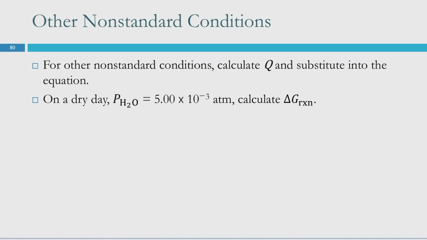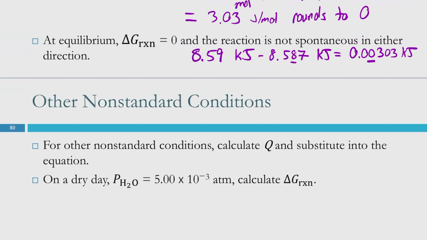For other non-standard conditions, we can calculate Q and substitute that into our equation. For example, on a dry day, the partial pressure of H2O is 5 times 10 to the minus 3 atmospheres, very small.